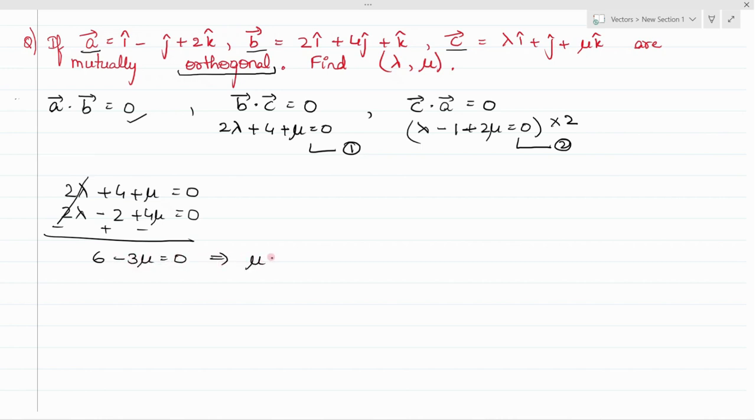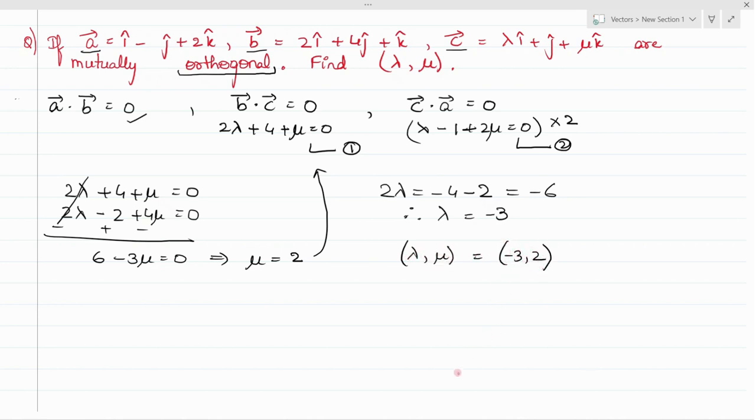From here, you will get mu value as 2. Just substitute this mu value in any of the equations. You will get 2 lambda is nothing but minus 4 minus mu, that is minus 6. Therefore, lambda will be minus 3. So lambda comma mu is nothing but minus 3 comma 2.